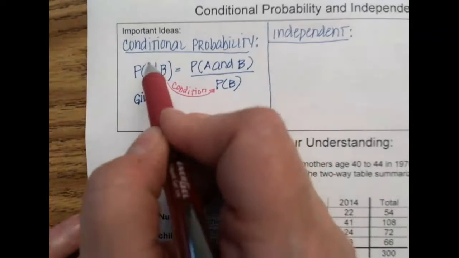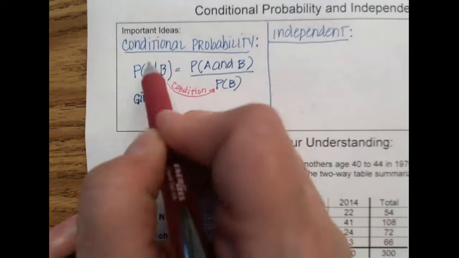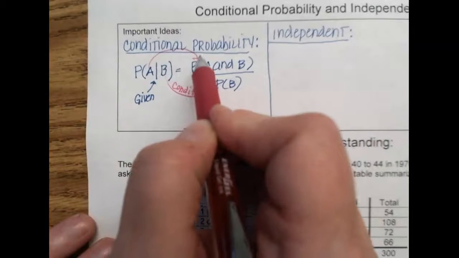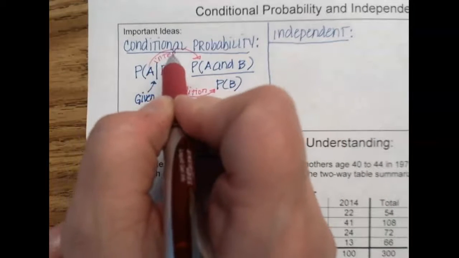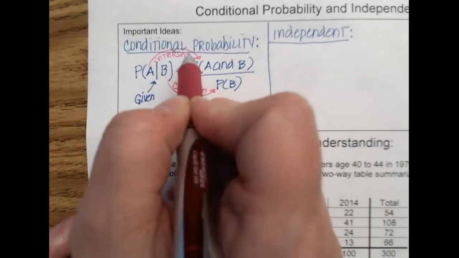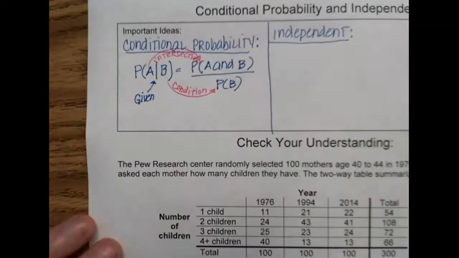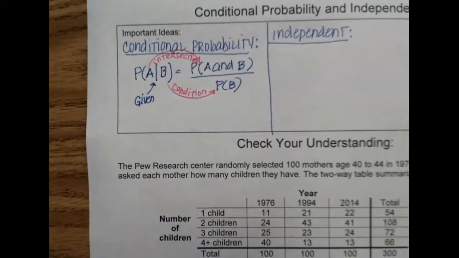And the A, this is the intersection of A and B. All right, so you already know how to do this. We're just formalizing our knowledge just a little bit here.